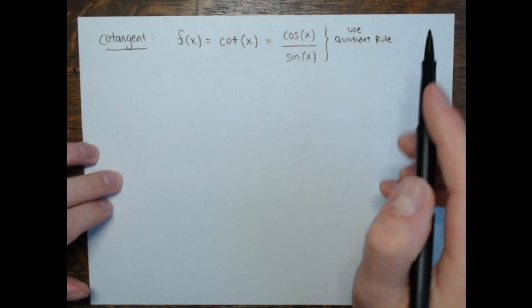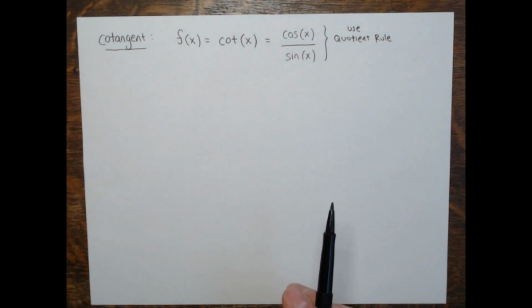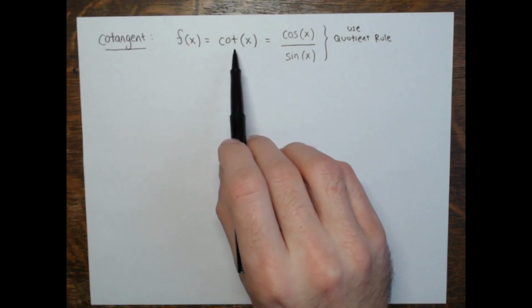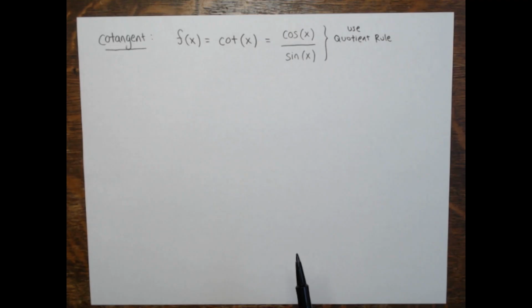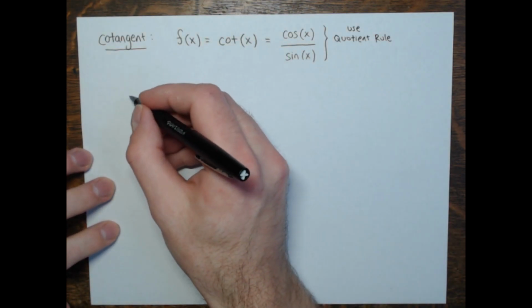You could also, since you now know the derivative of tangent is secant squared, rewrite cotangent as 1 divided by tangent, and use the quotient rule with that fraction. Either way, you'll end up with some equivalent derivative.